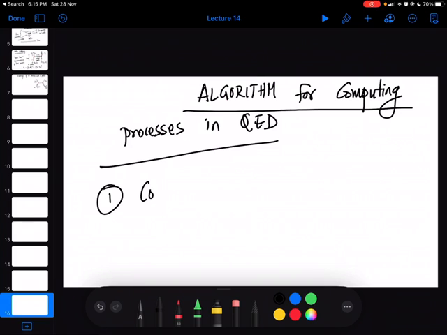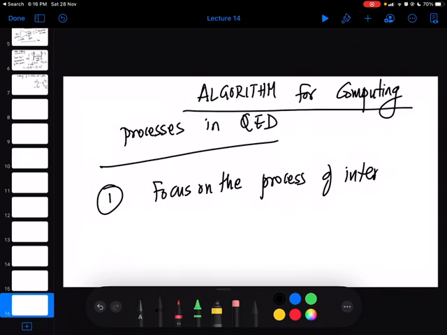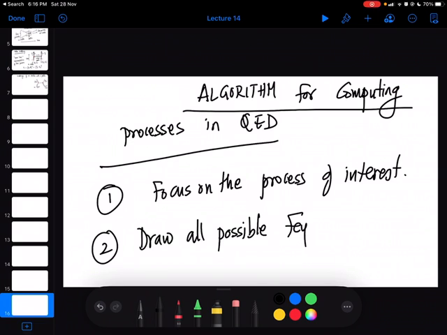So the first step would be to select a process of interest, meaning think of the process of interest. Focus on the process of interest. The second step is draw all possible Feynman diagrams for the process of interest.